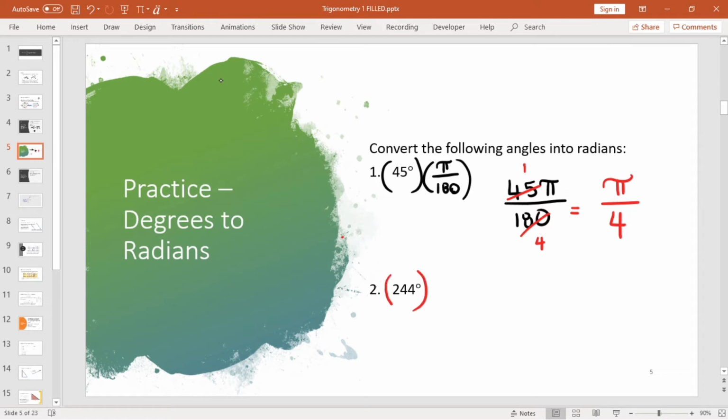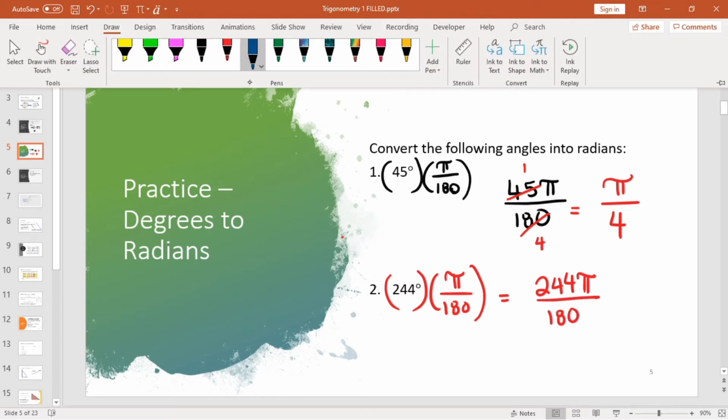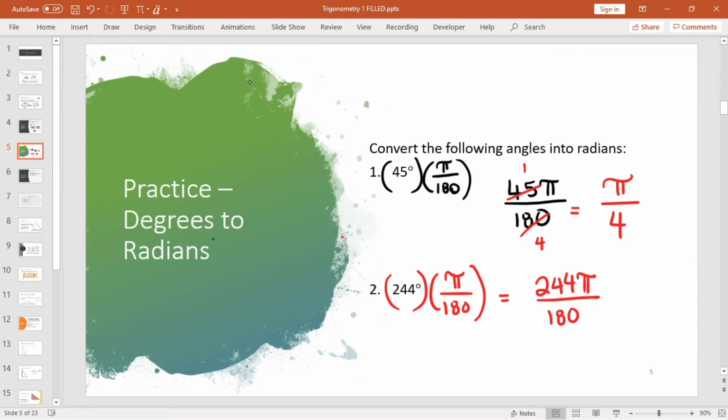And our second example, same thing. First step, just writing it down and then reducing if you can. And I believe these are both going to be divisible by 4. Oops, sorry. Divided by 4 makes 61, and dividing by 4 is 45. And we're not going any further with that.